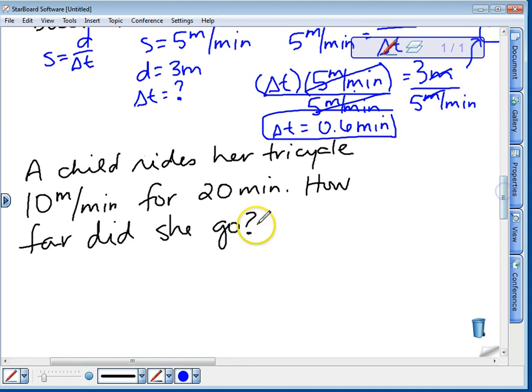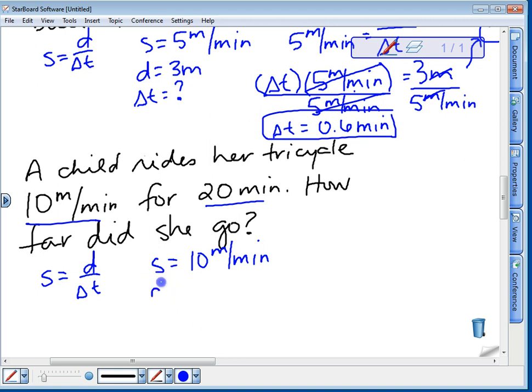One more example. A child rides her tricycle at 10 meters per minute for 20 minutes. How far did she go? My formula is the same. I know my speed is 10 meters per minute.